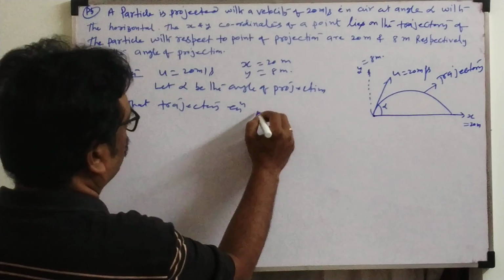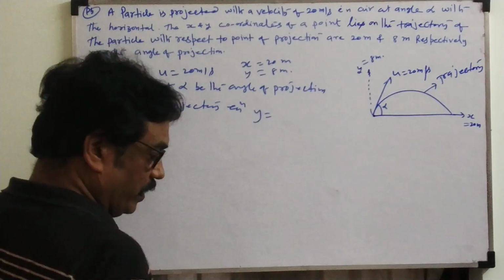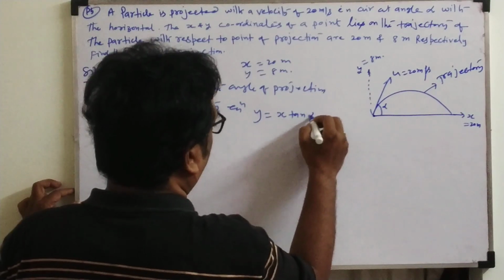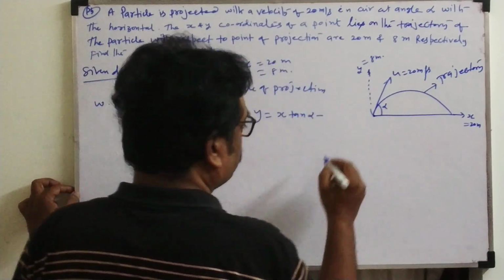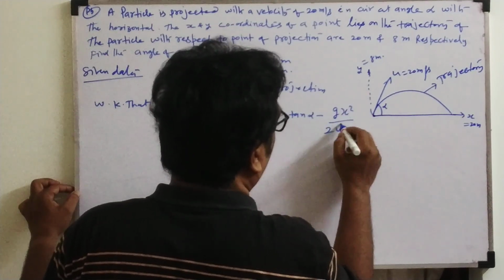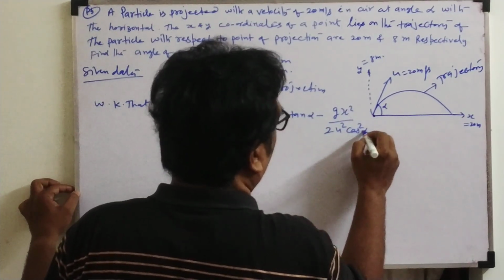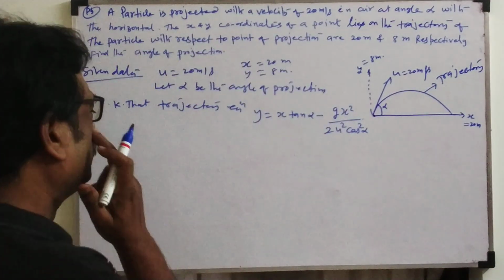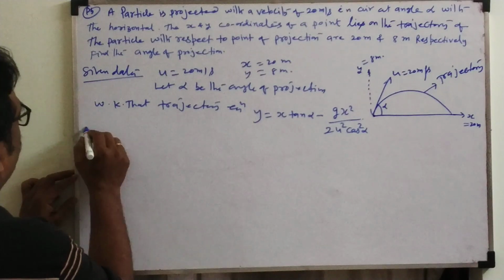the trajectory equation: y is equal to x tan alpha minus g x square by 2 u square cos square alpha. This is the trajectory equation. Now substitute the values.